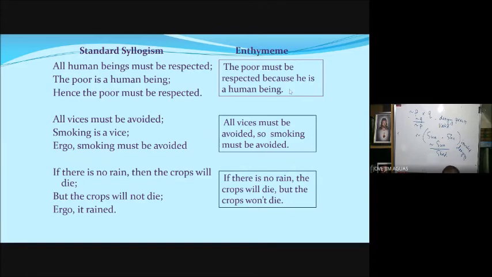What about number two? All vices must be avoided. So smoking must be avoided. Obviously, must be avoided is the common term, right? We cross this, avoided, and we are left with smoking. What's the implied statement?